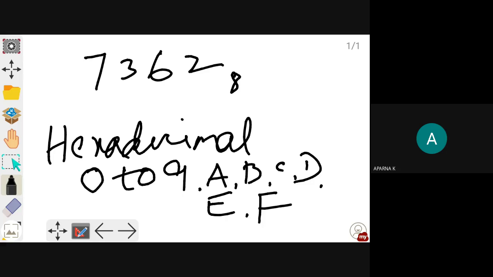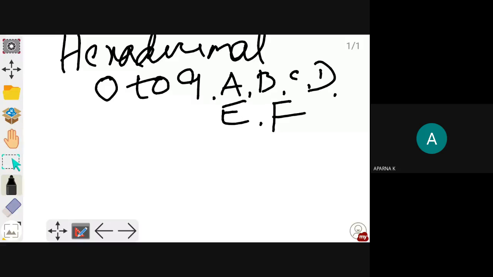So it can have values from 0 to 9 and A to F, totally 16 digits. The base of hexadecimal is 16.